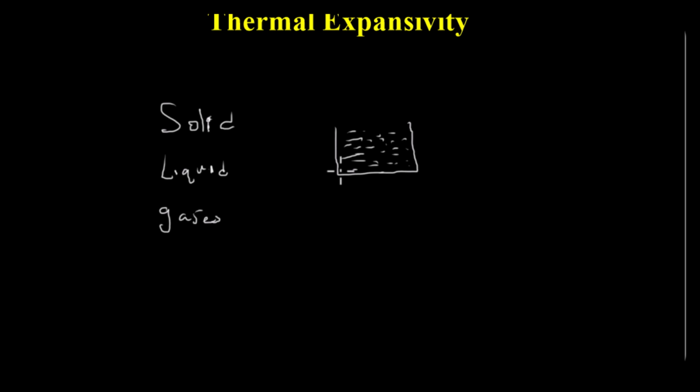So for solids, because these atoms are tightly packed together, intermolecular forces are way stronger. For liquids, they're still packed together, but not tightly packed together. That's why they can flow over each other easily. And for gases, the intermolecular forces are weakest, hence the reason why they expand more than the other states that we have.